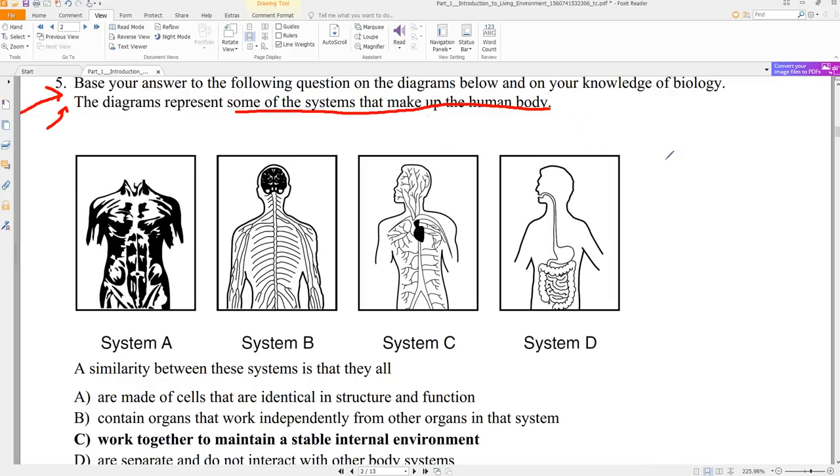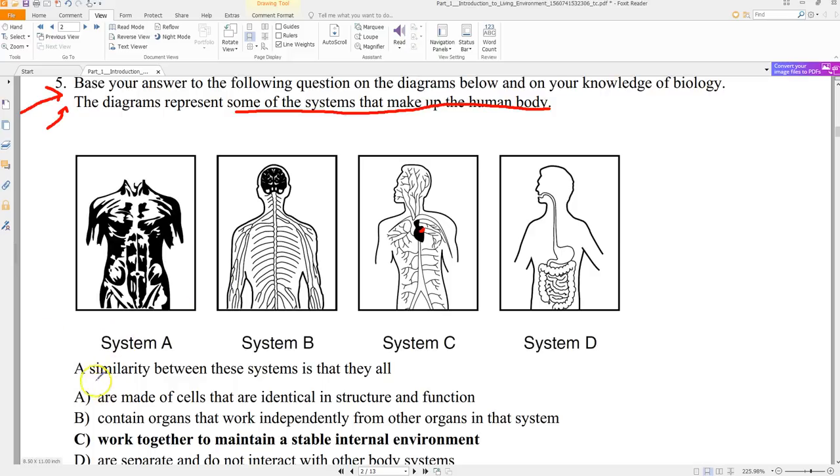What if you have serious test anxiety and you even forget that this is part of the human body system? You get nervous. A lot of the clues are in the questions. If not, they're just being straight up and saying, hey, these are the human body systems.